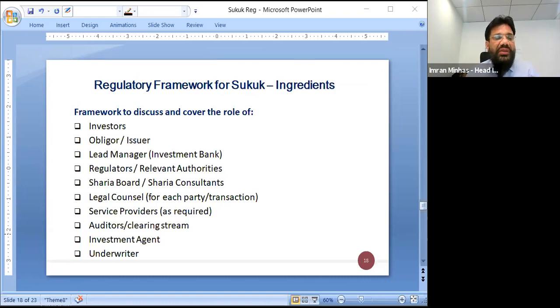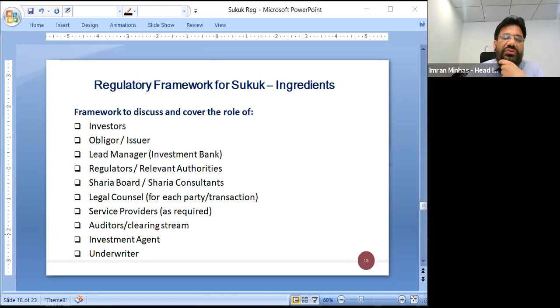So the legal counsel's role, service providers if required, auditors' roles, and again, the investment agent if you appoint one for the Sukuk and for its promotion and selling, whatever the purpose, you just give their domain, their rights, duties and obligations defined, so that any future dispute should be legally covered and legally settled, and they must have guidelines.